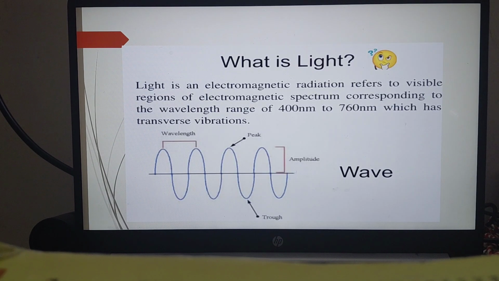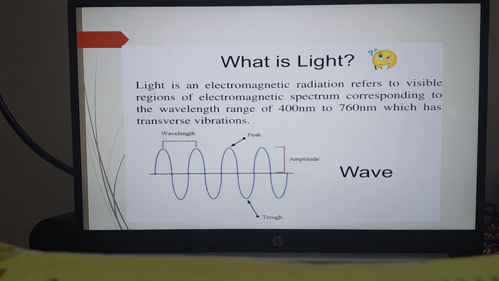So what is light? Generally, the nature of light is that it is an electromagnetic wave. The light is electromagnetic radiation that refers to the visible region. Visible region means what? The human eye can see the light.